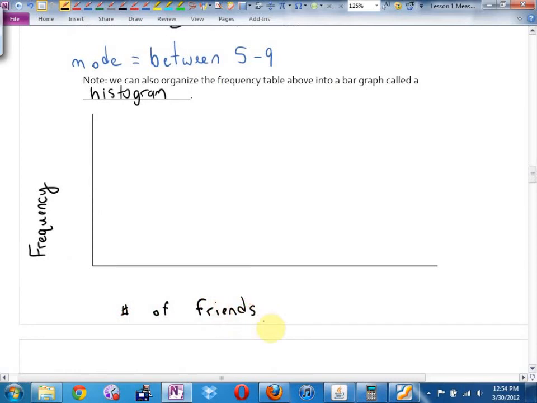What's the biggest frequency that appeared on the chart? 7? So I'm going to break this into 1, 2, 3, 4, 5, 6. Make equal hash marks about that big. Or I could have pulled out a ruler and done this really accurately. Measure 7 centimeters, let's say. 2, 4, 6. Oh heck, I'll even add an 8.